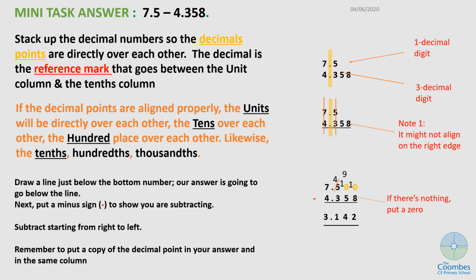And in this column, I have a 9, take away 5 is a 4. And in my tenths column, 4 take away 3 is a 1. And 7 take away 4 is a 3. Remember, I'm crossing the decimal here, so I must put a decimal point here as well.